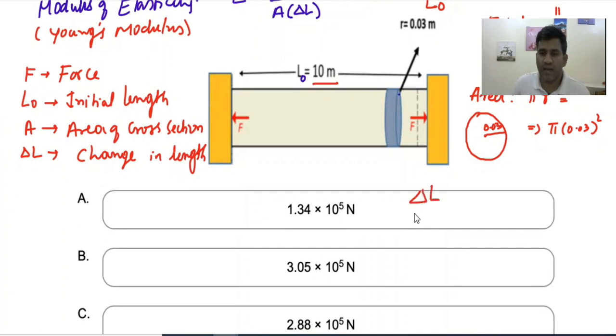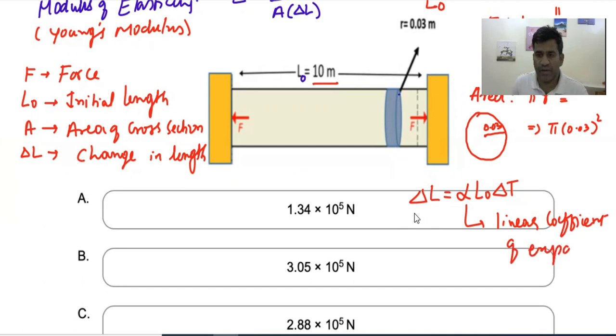So delta L will be written as alpha times L naught times delta T. Alpha is the linear coefficient of expansion, and on average the value of alpha is going to be 1.2 into 10 to the power negative 5 per degree Celsius.